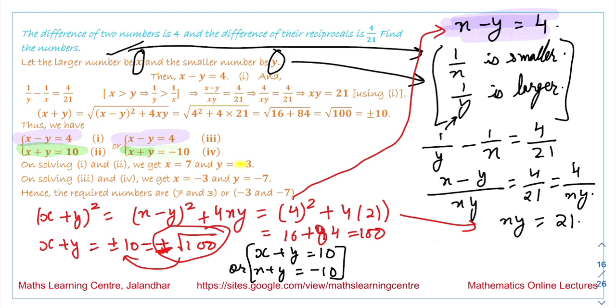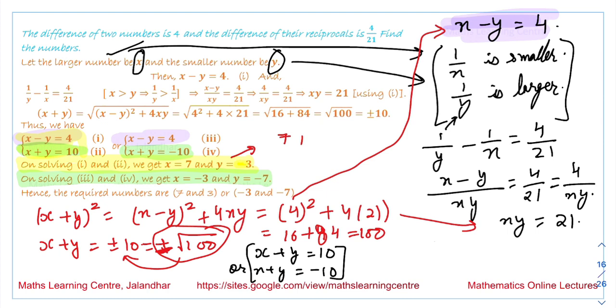Now when we solve these, on solving the first pair of equations, we get x is equal to 7 and y is equal to 3. On solving the second pair of equations, we get x is equal to minus 3 and y is equal to minus 7. So the two numbers that we have now, either the numbers are 7 and 3.